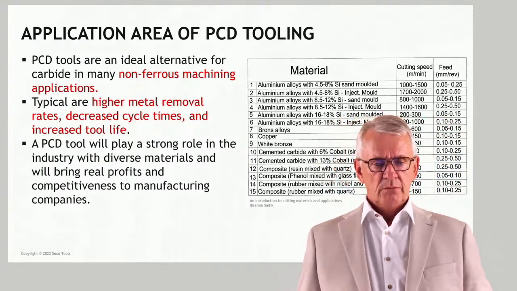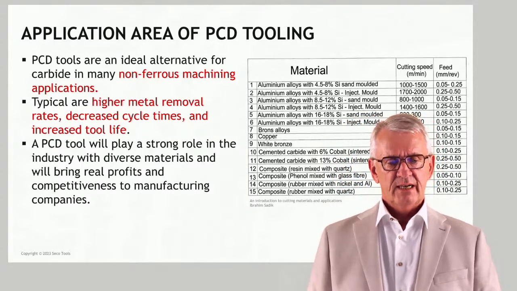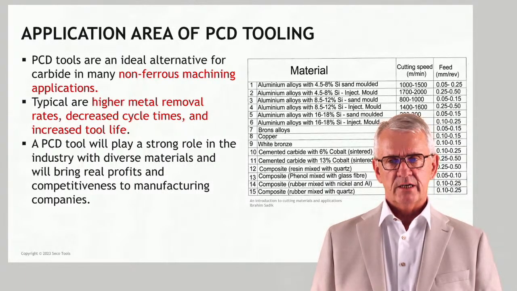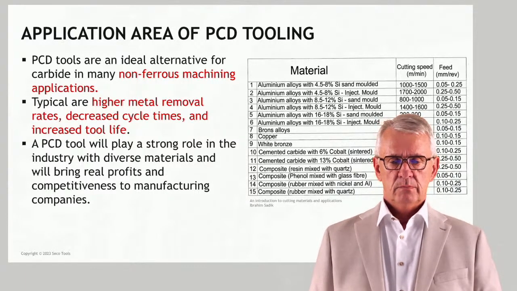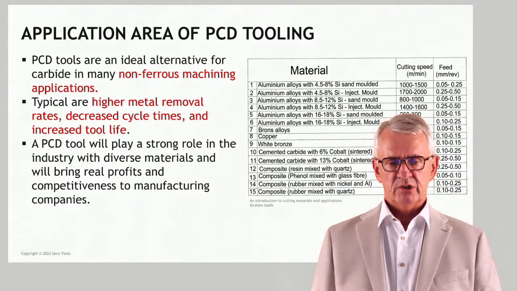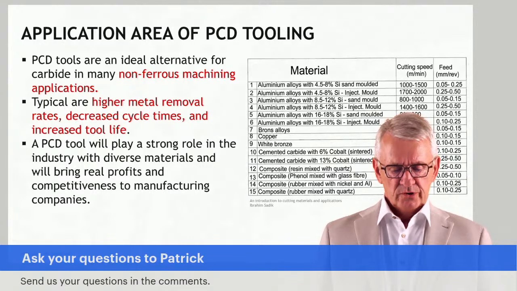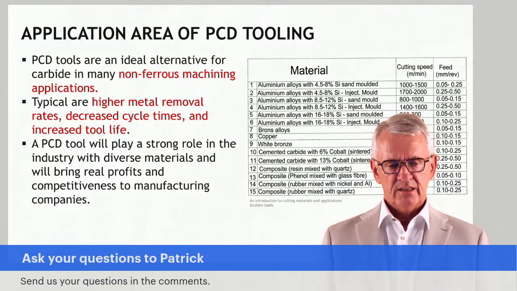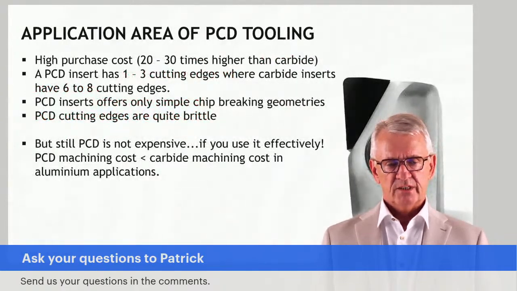Aluminium is the most typical example, where compared to traditional cemented carbide we can use cutting conditions which are 5 times, 10 times higher cutting speeds. It offers you productivity, cost efficiency, reliability, and all that type of things.